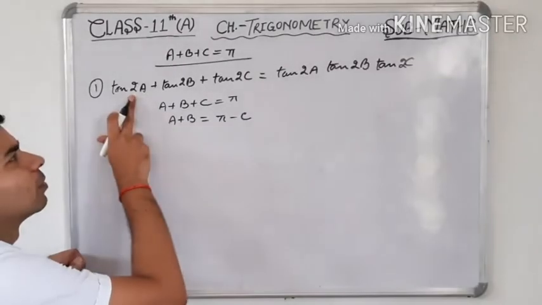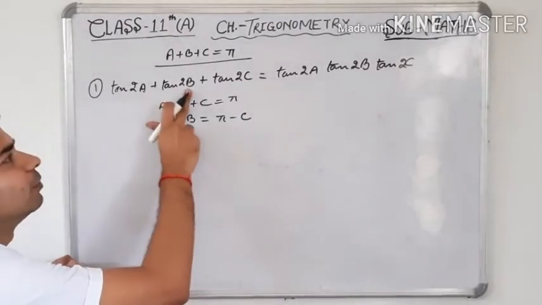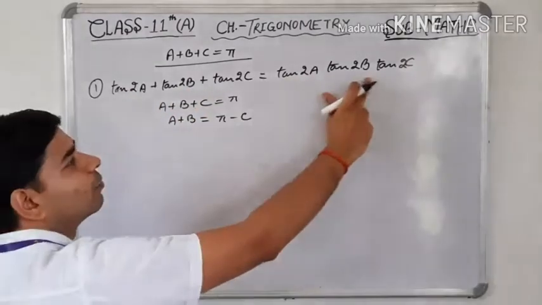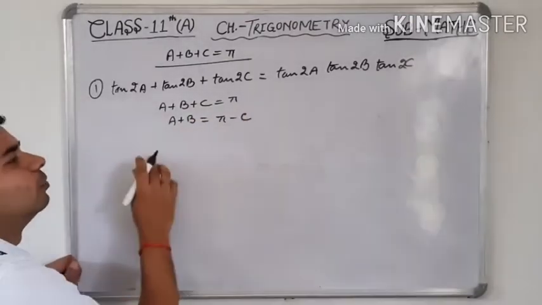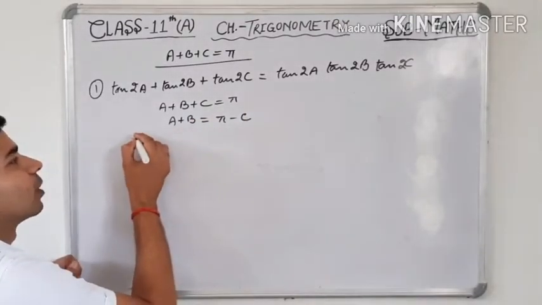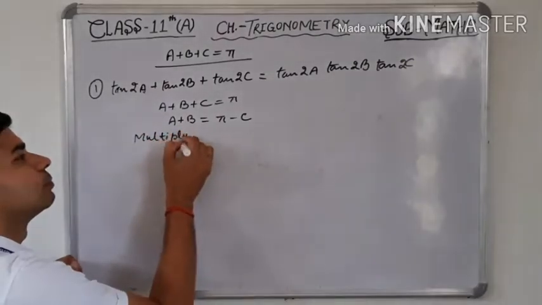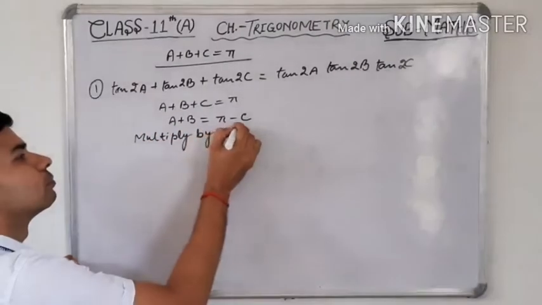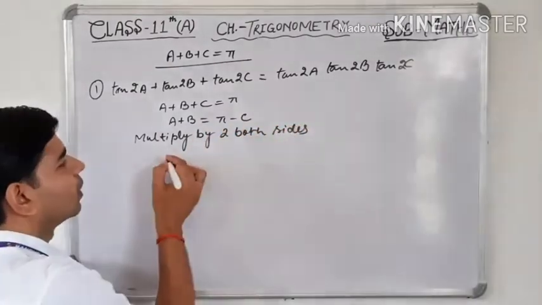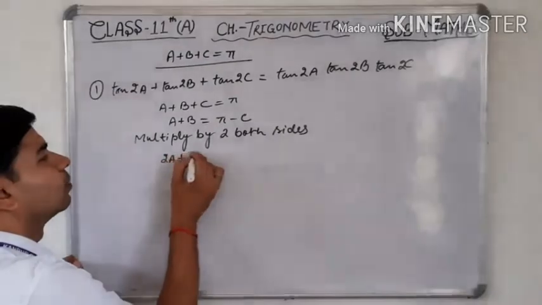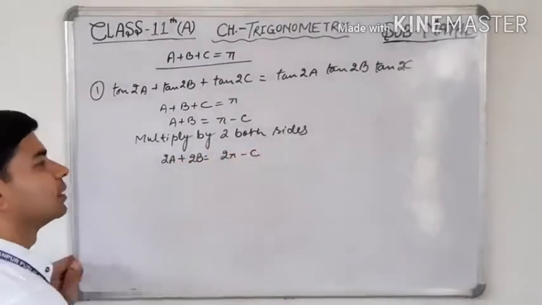But we have the angles in the question 2a, 2b, 2c. So we will multiply this by 2 on both sides. Then 2a plus 2b equal 2 pi minus 2c.